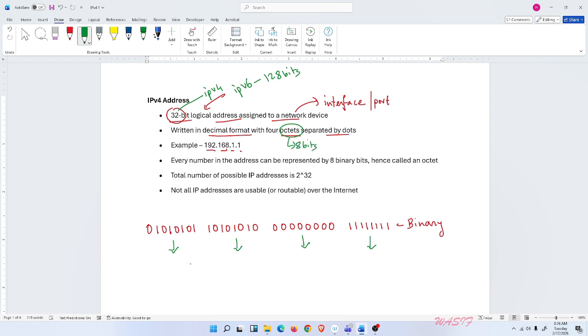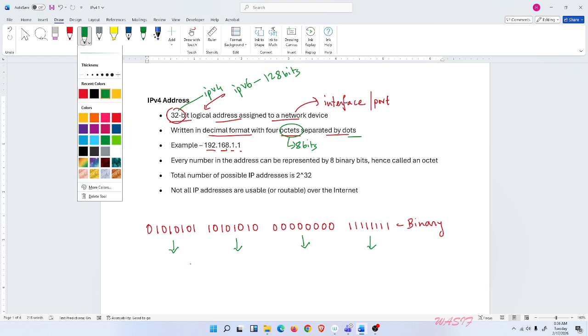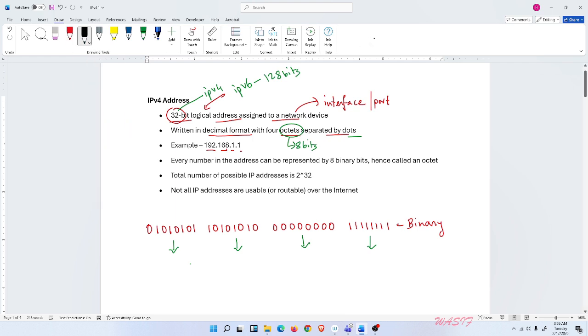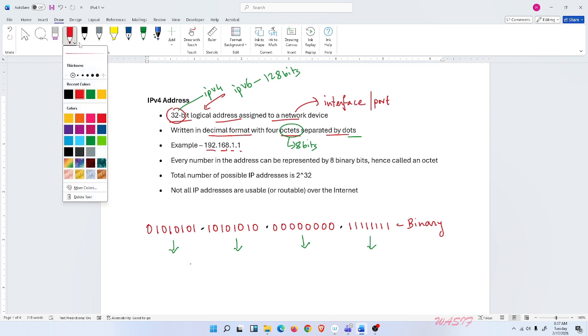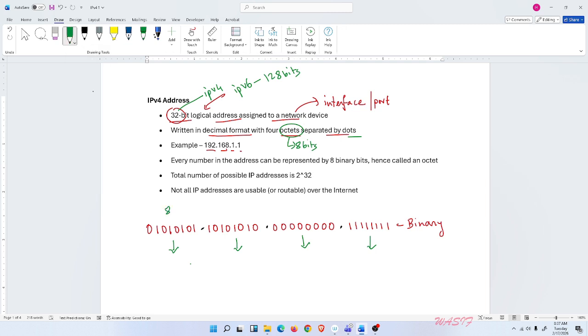That is why I put them this way, and they are separated by dots. So you will get a dot here, a dot here, a dot here. And there are 8 bits here, 8 bits, 8 bits, 8 bits. So that is called octets. If you add them all together, you will find 32 bits.